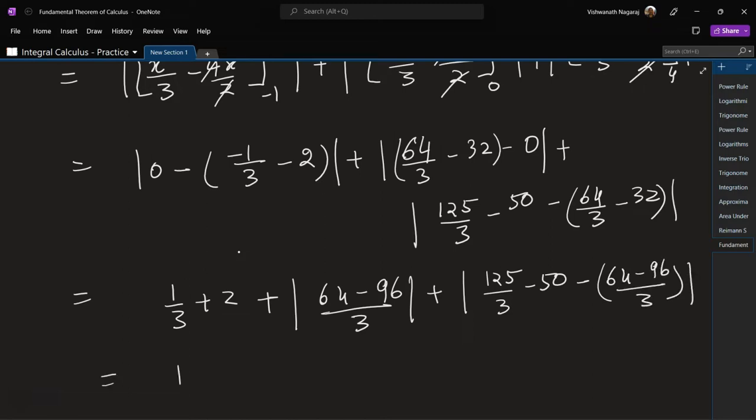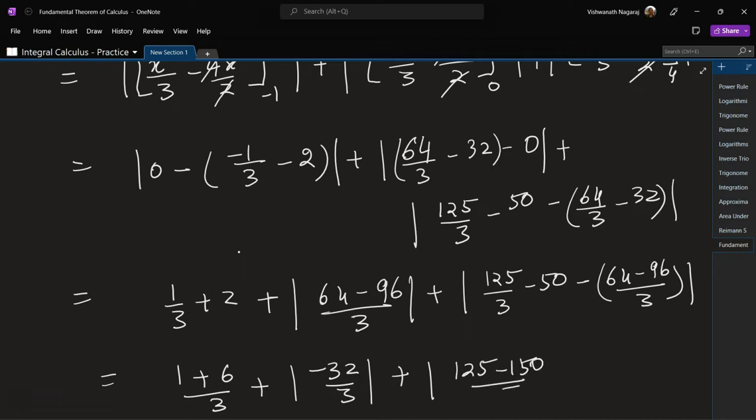So 1 plus 6 by 3, plus 96 minus 64 is going to be minus 32 by 3, plus 125 minus 150 by 3, minus 32 by 3.